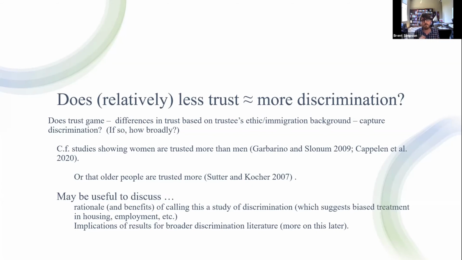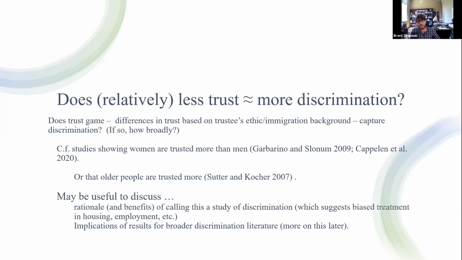So to get at what I'm driving at, consider the studies from the trust literature showing that women are trusted more than men, right? So are we comfortable with the conclusion that men are discriminated against? I guess they are in a limited sense, but it is women who face much higher levels of discrimination of the type that we typically think about, in wages, promotions, everyday treatment.